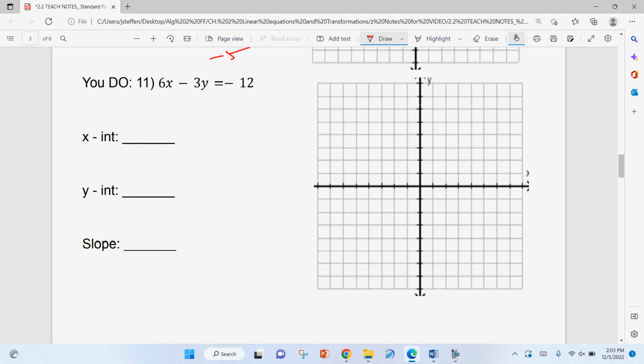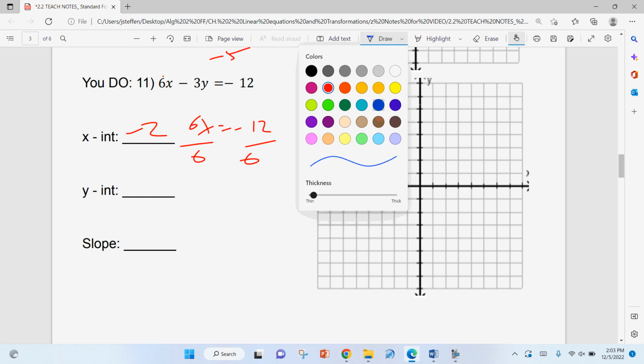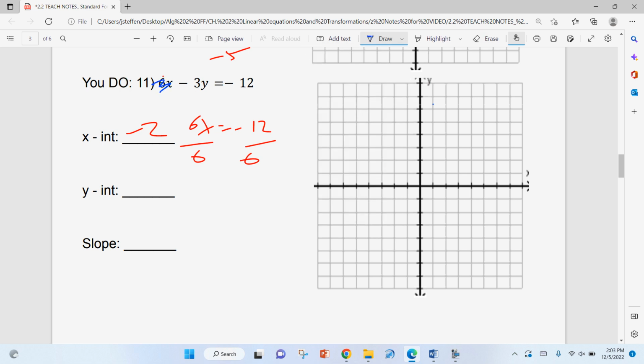So, per usual, do this one on your own. When you're done, hit pause and check your work. Do the cover-up method with these.